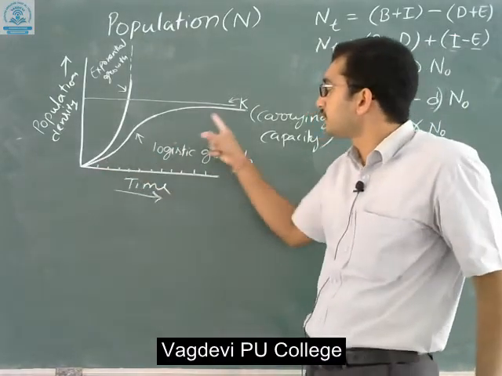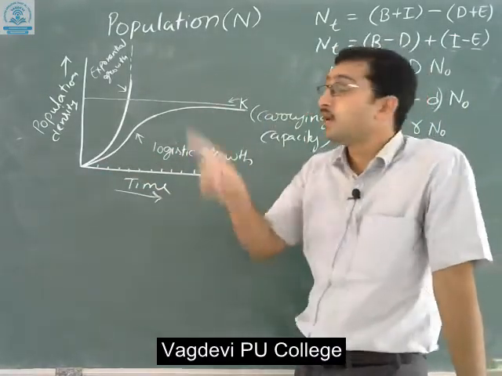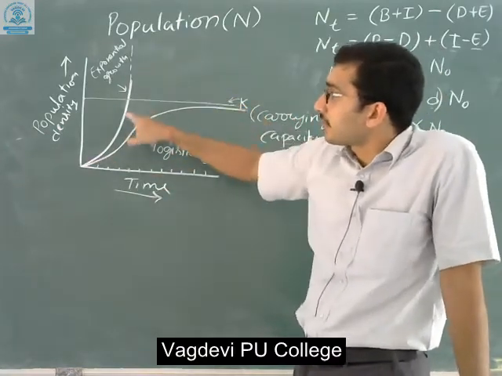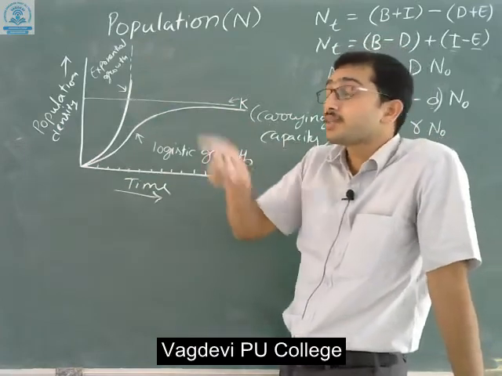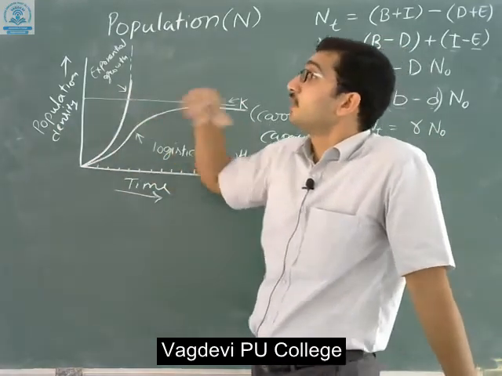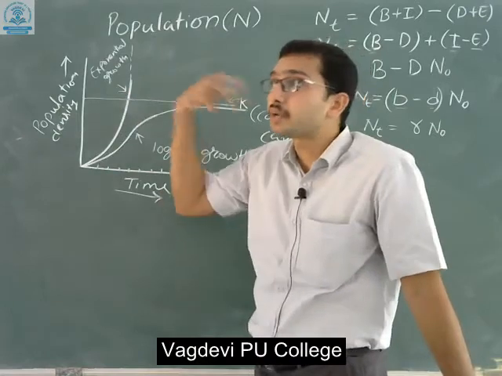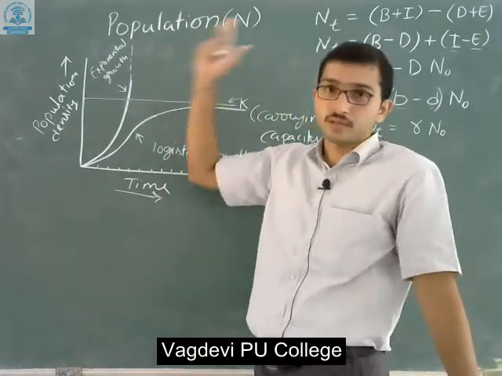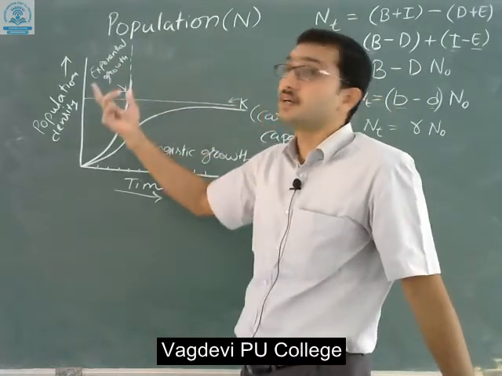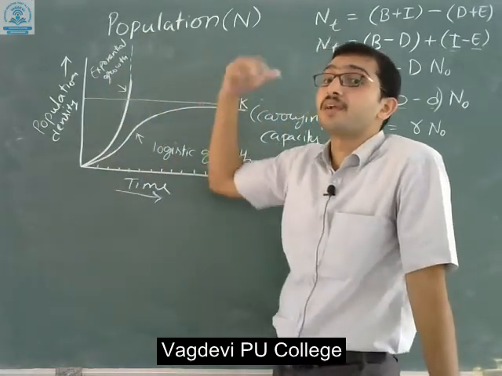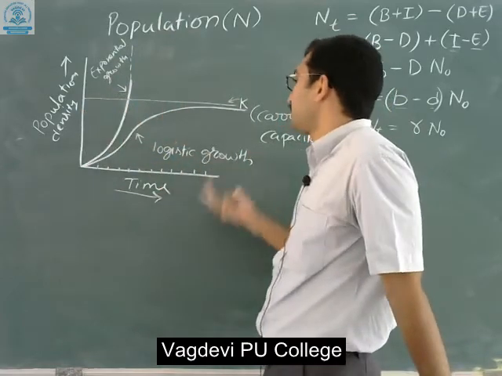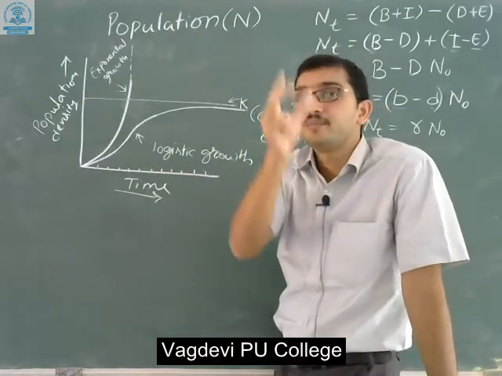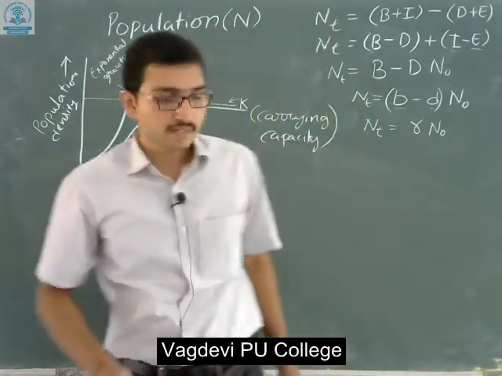This graph indicates a population growing under limited resources, whereas the J-shaped curve indicates a population growing with enormous, unlimited resources and food. Any population can grow in number if the resources are plenty, and any population will stop growing if the resources are limited. You have to keep this in mind.